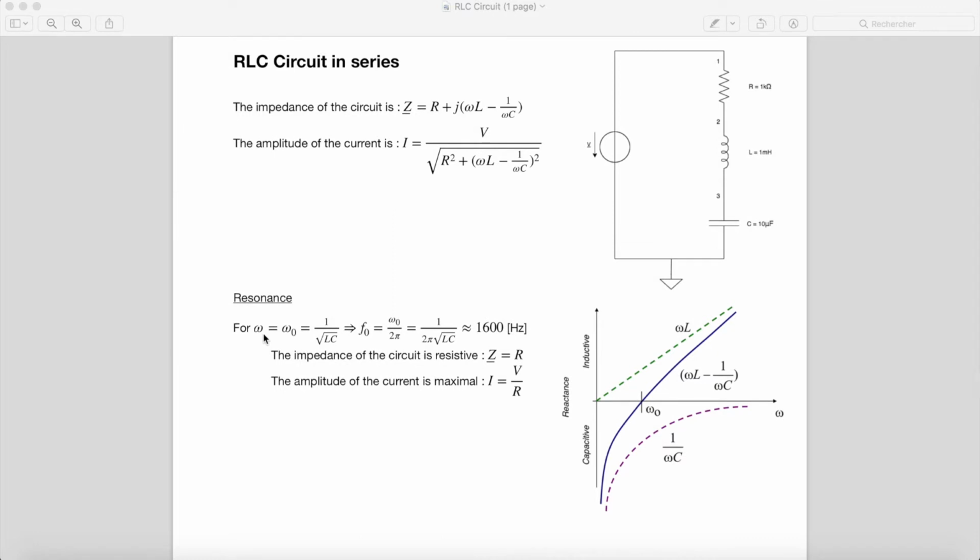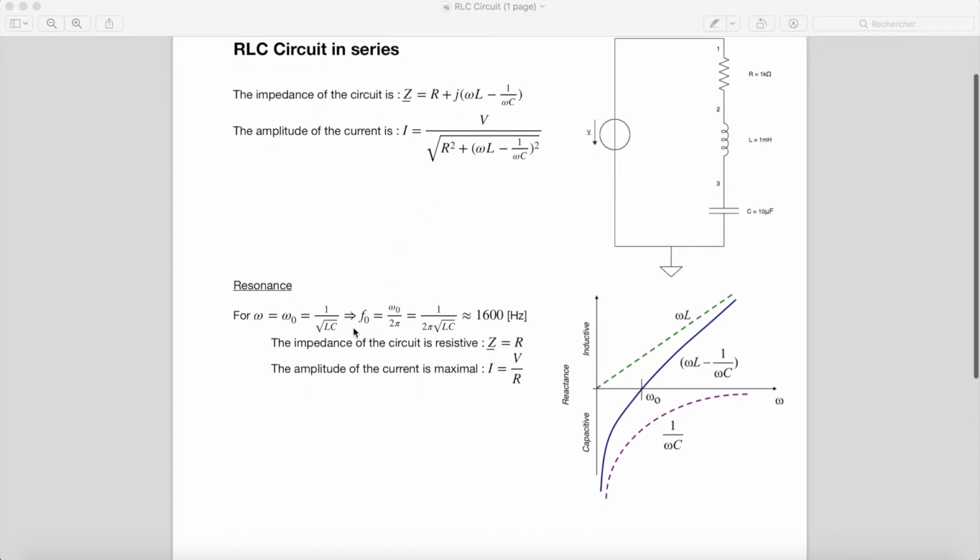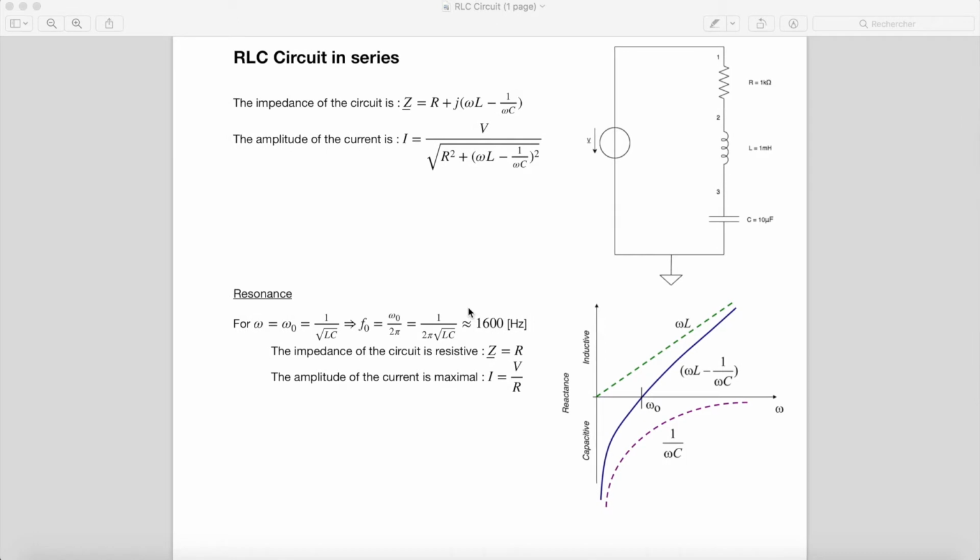Let's take omega equal to omega 0, which I define as 1 over the square root of LC. Here we can see that the reactance of the impedance is equal to 0. And here I call F0 the resonance frequency, so omega 0 over 2 pi. In our case, this is equal to 1600 Hz.